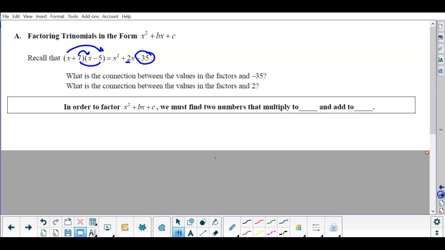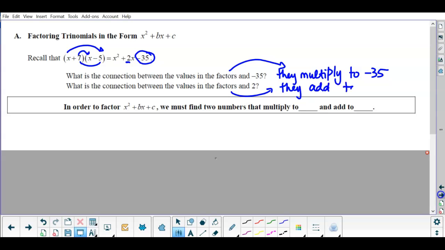So what is the connection between the values in the factors and negative 35? They multiply to negative 35, and then they add to 2. Okay. So we must find 2 numbers that multiply to C and add to B.